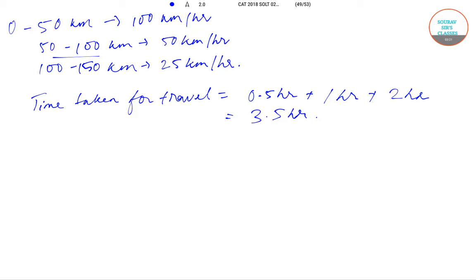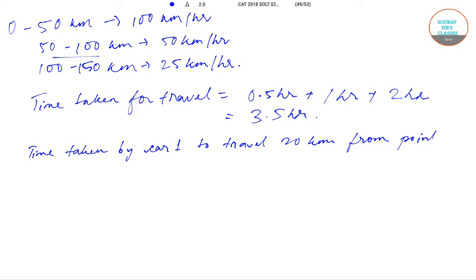Now it has been said that car 2 starts from point A when car 1 is already at a distance of 20 km from point A. So let us find out the time taken by car 1 to travel 20 km from point A. This will be equal to 20 km divided by 100 km per hour, which is 0.2 hour.